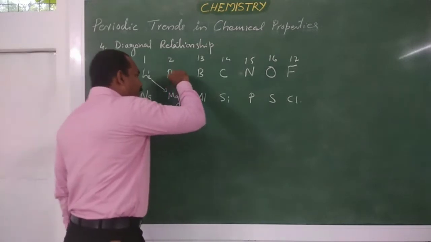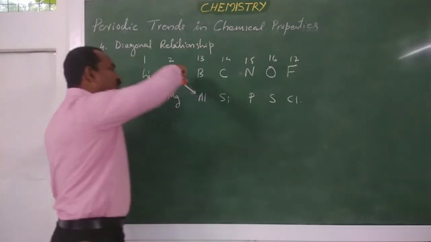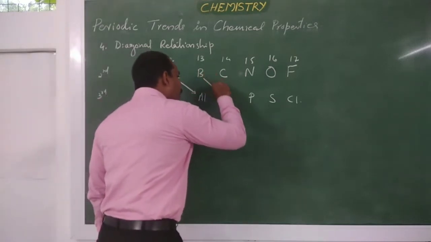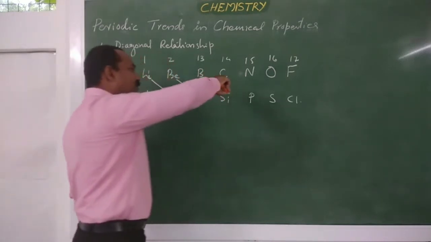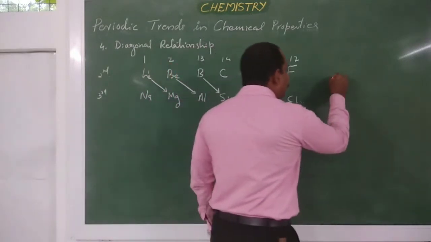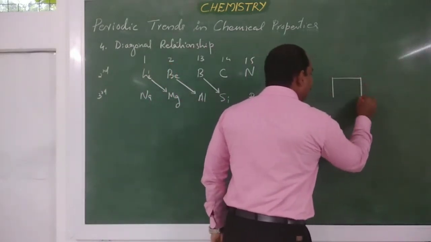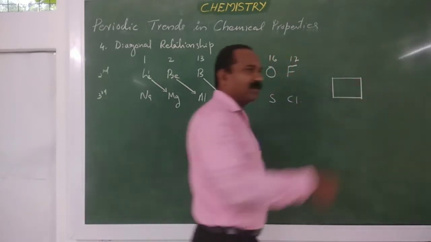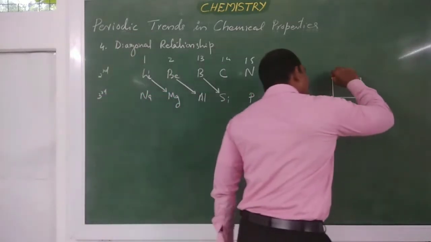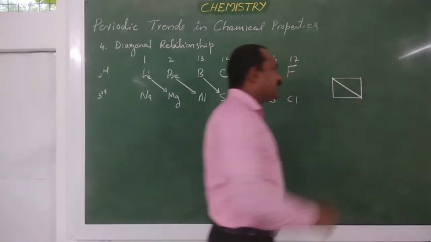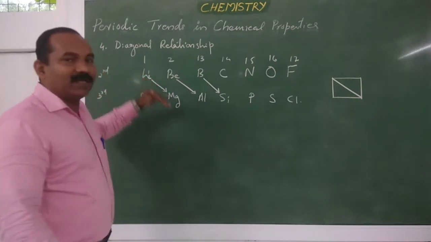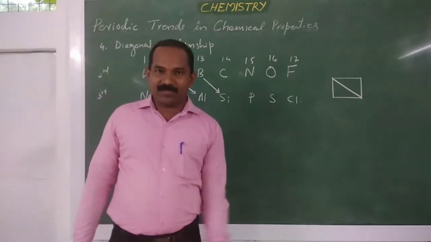The property of beryllium is similar to that of aluminum. And the property of boron is similar to that of silicon. When we draw a rectangle or a square, the relation is diagonal with the next element.